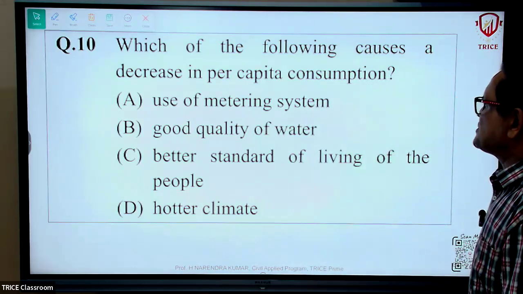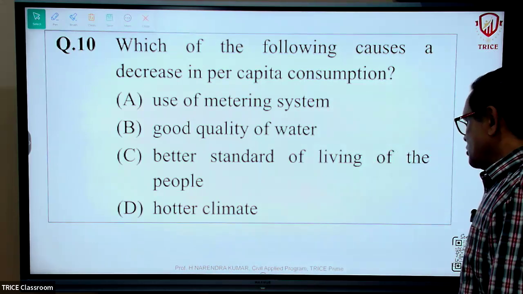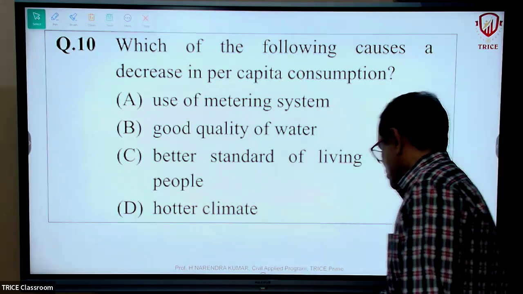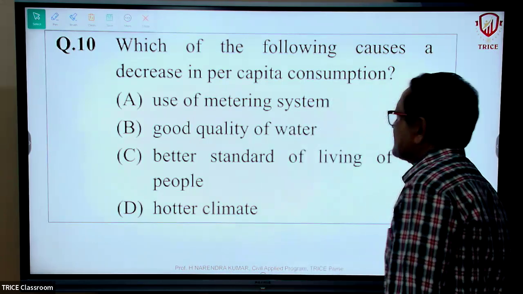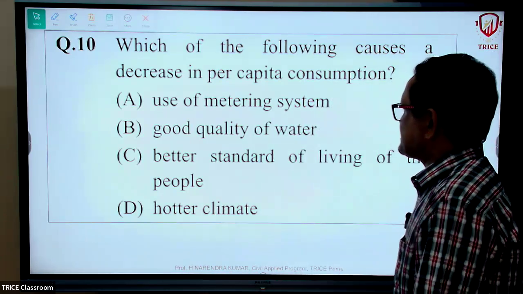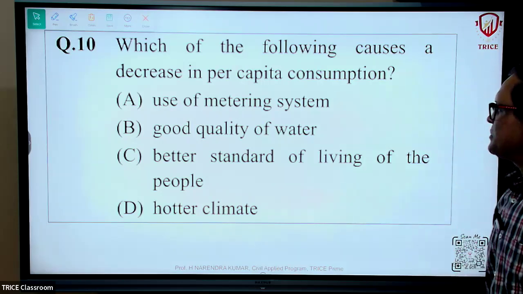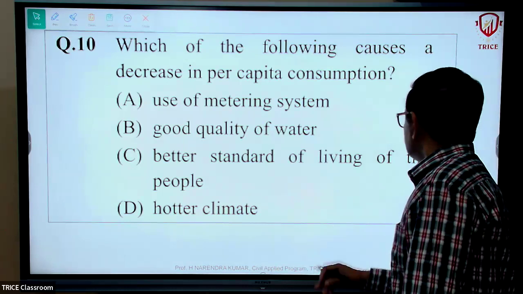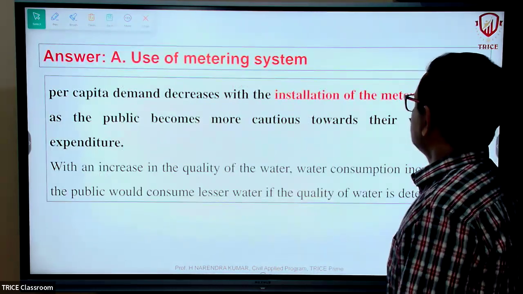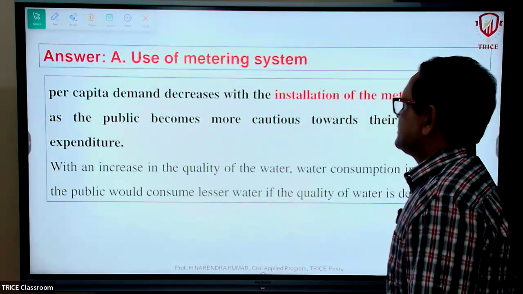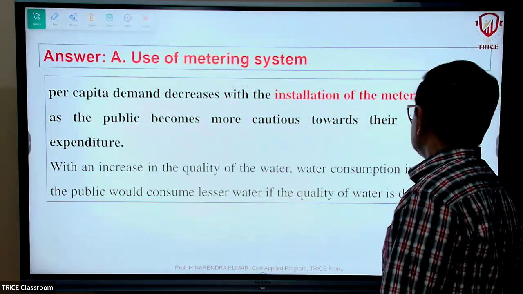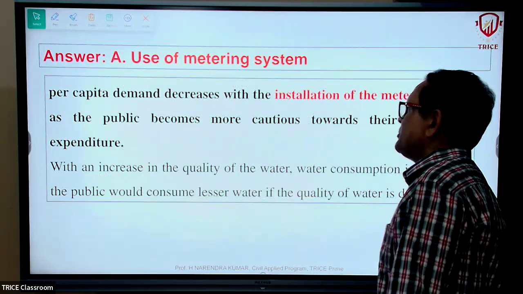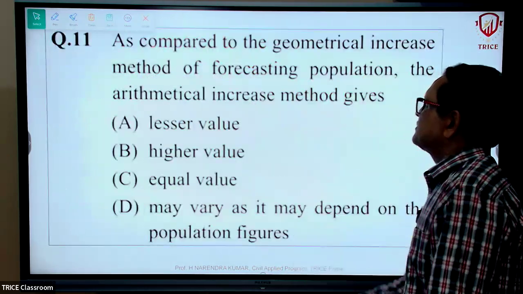Is it use of metering system, good quality, better standard, or hotter climate? Yes, use of metering system. As I said earlier, with my own example, if there is a metering system, I will consume less. With installation of a meter system, the public becomes more cautious towards their water bill expenditure, so automatically per capita demand decreases.